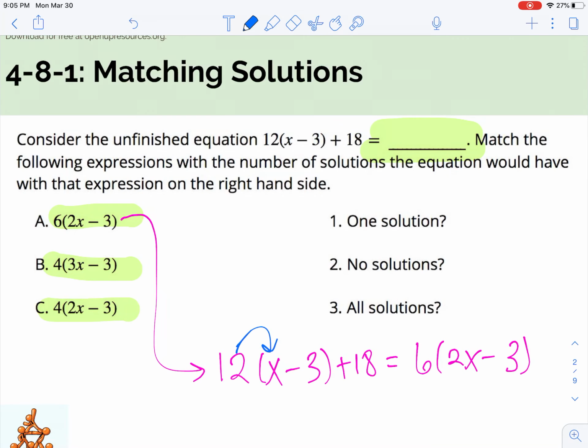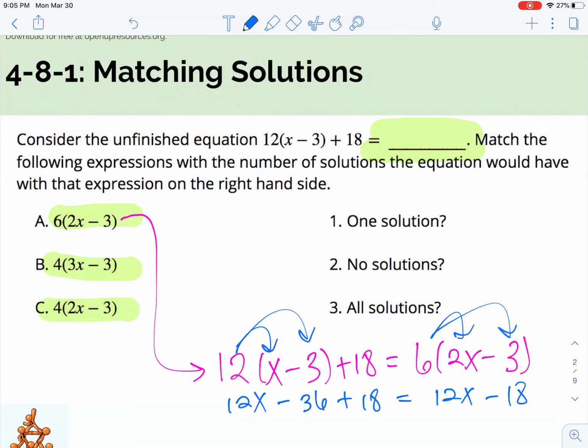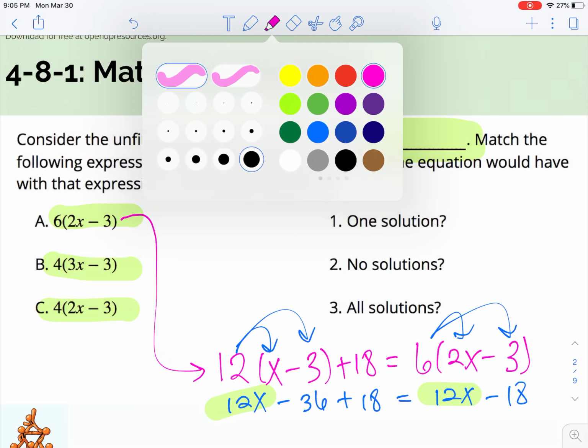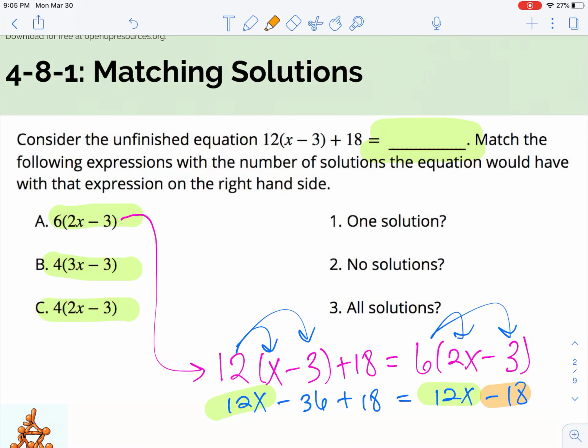So I'm going to distribute on that one and on that one. So I've got 12x minus 12 times 3, 36, plus 18 equals 12x minus 18. Okay, so I see a 12x, I see a 12x, I see a minus 18, but then over here I see minus 36 plus 18.